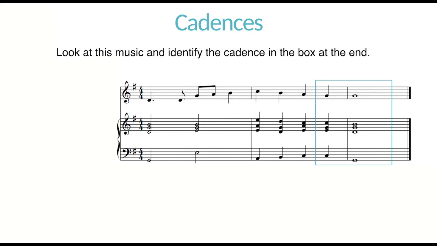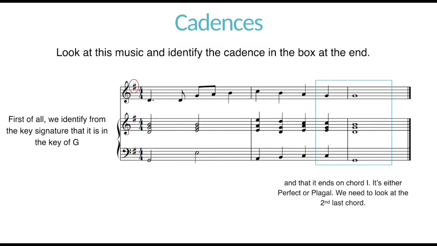How about this one? So looking at the box at the end, we look at the key signature, key of G major. We look at the last chord, we see that it ends on chord 1. It's either perfect or plagal. So we need to take a look now at the second last chord.